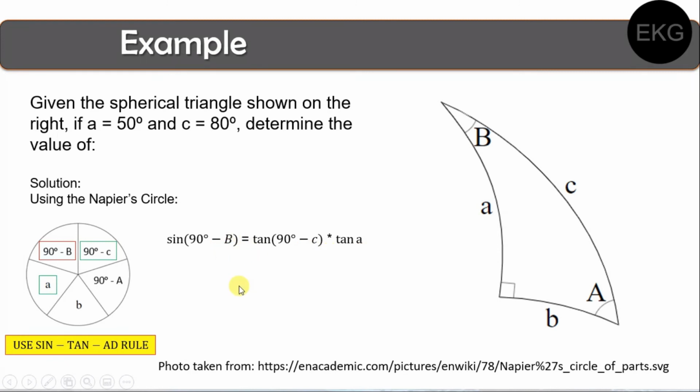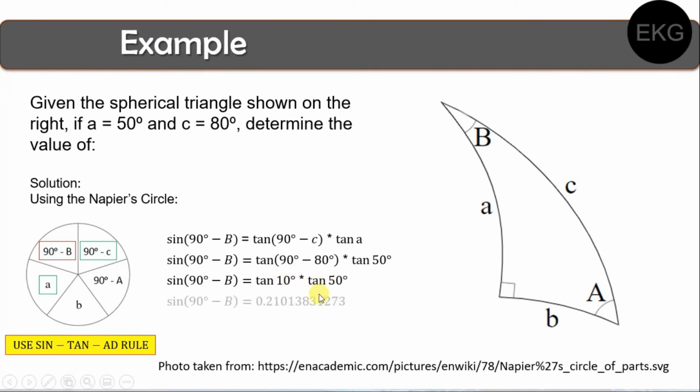Now, substituting the values, alam natin that A is 50, C is 80. Ito yung lalabas. Then, simplifying further, 90 minus 80 will be 10 degrees. So, tangent 10 times tangent 50, lalabas will be this decimal. To solve for B, we take the inverse trigonometric function of sine. So take arc sine of both sides. This cancels out.